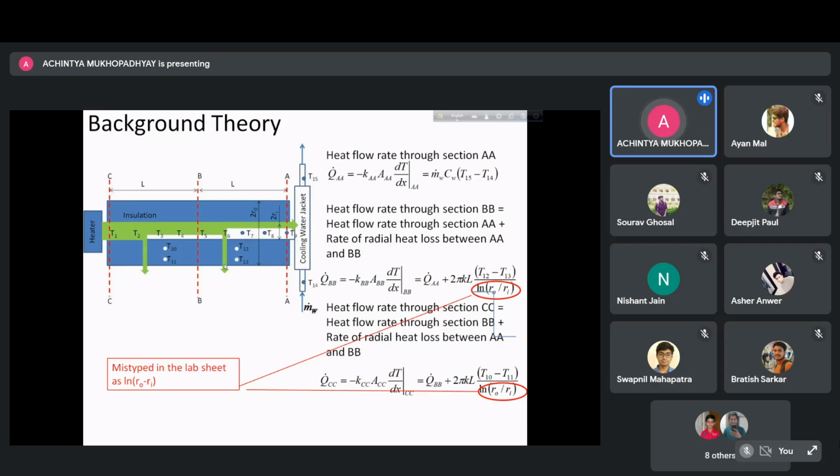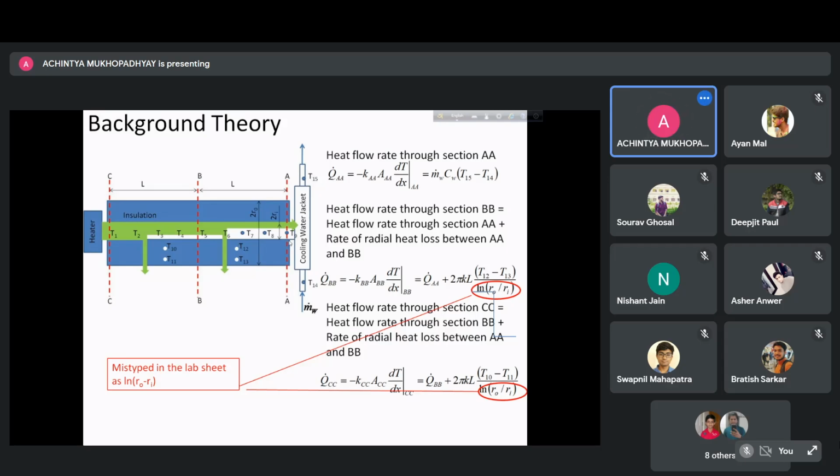Of the two, because the length of the insulation is much larger than the radius of the insulation, and the thermal conductivity is also not high, if we compare the two, this will provide a much lower resistance path. That means flow of heat in the radial direction will be much easier compared to flow of heat in the axial direction inside the insulator.